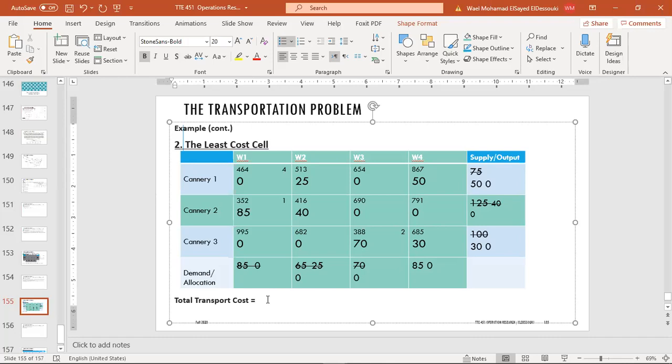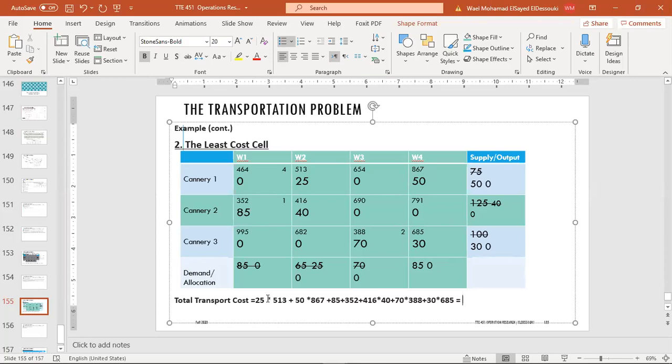So here we have 25 multiply 513 plus 50 multiply 867 plus 85 multiply 352 plus 416 multiply 40 plus 70 multiply 388 plus 30 multiply 685 equal.